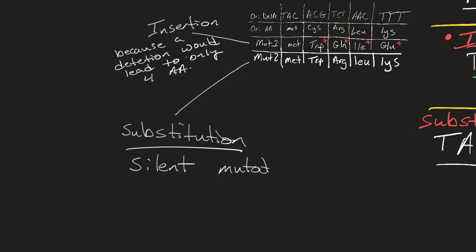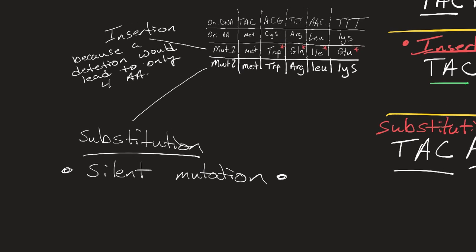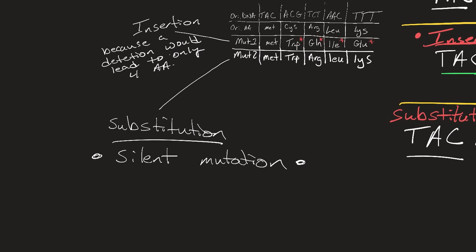It's not always a silent mutation. Sometimes when you substitute, you just change that one amino acid, okay? But sometimes when you substitute in DNA, it turns out to be the same. So let's look at the chart and look at an example. We mutated this second one before, so let's mutate it again. This is an example.